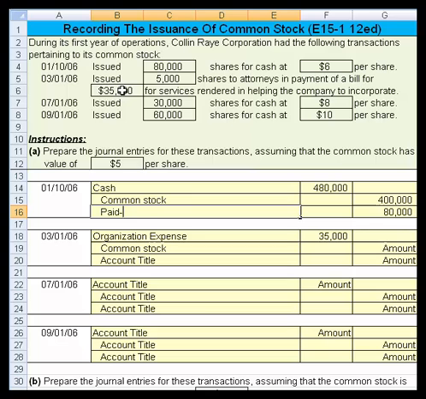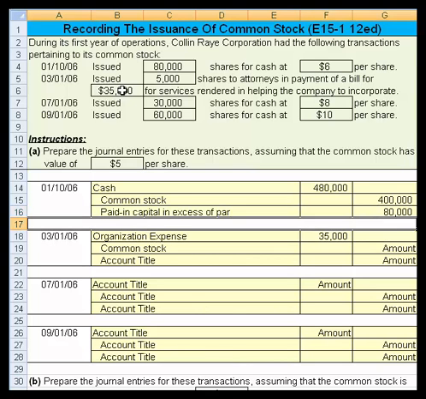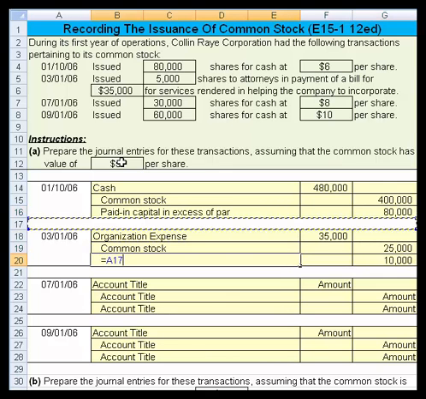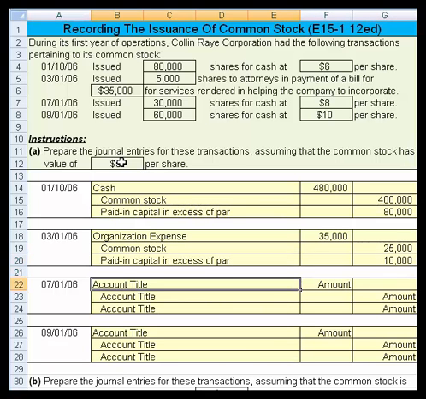That account would be something like paid-in capital in excess of par on common stock. If we only have common stock, we don't need to say that. Common stock then would be equal to how many shares? 5,000 shares, again at $5. So 25,000, and then the difference, I'll just copy from here, is the paid-in capital in excess of par.